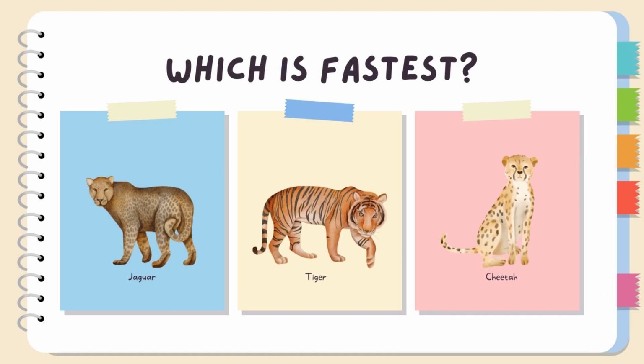So we have come to the end of the game. The last question is, which is the fastest? The options being given are jaguar, tiger, and cheetah. So which one do you think is the fastest?